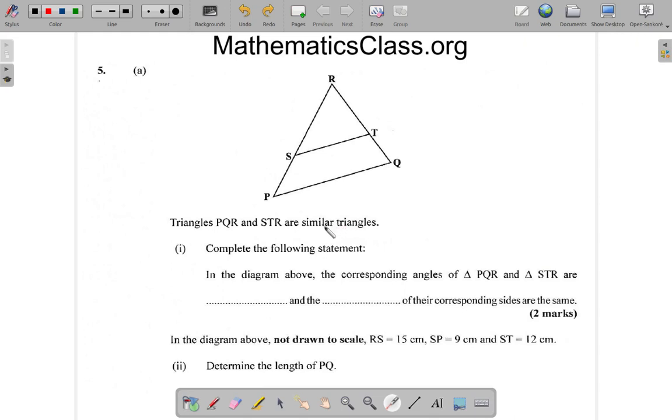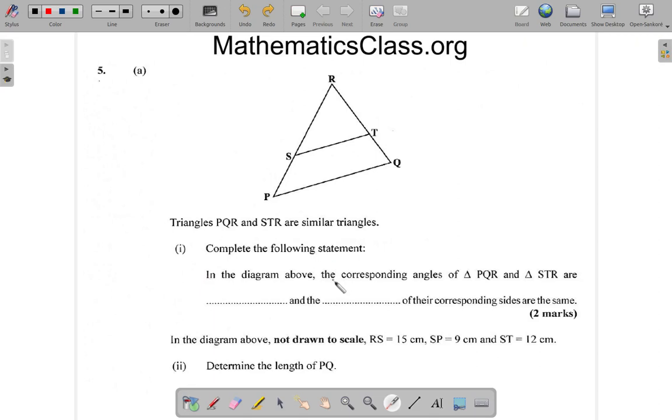Remember what similar triangles mean? Same shape, but they can be of different sizes. The sides can be of different lengths. They say to complete the following statement.